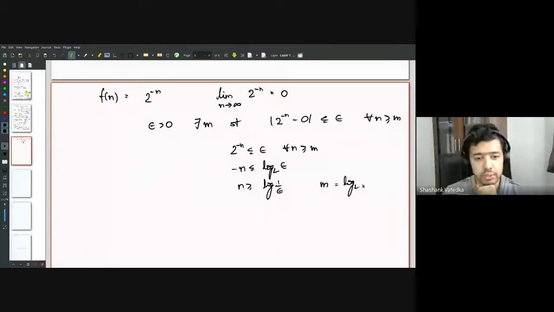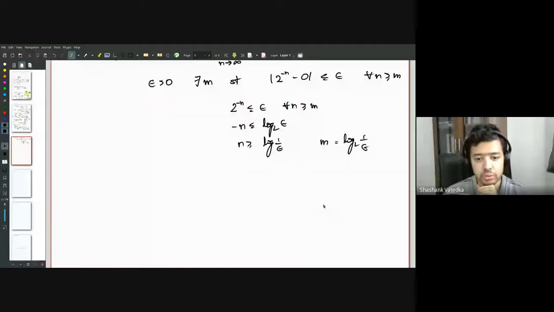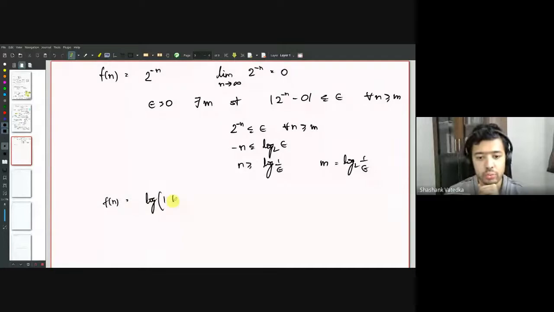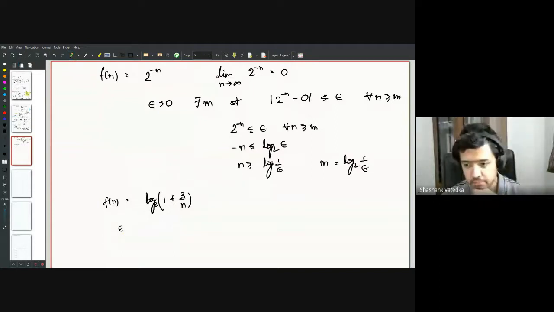So let's do one more example. So let's take f of n equal to, say, log of 1 plus 3 over n, say base 2. Okay. So now, if I fix an epsilon, so firstly, does this sequence converge? And if so, what is the limit? 0. Correct.